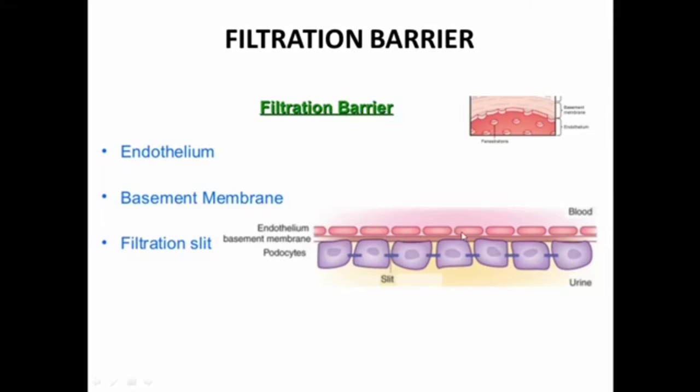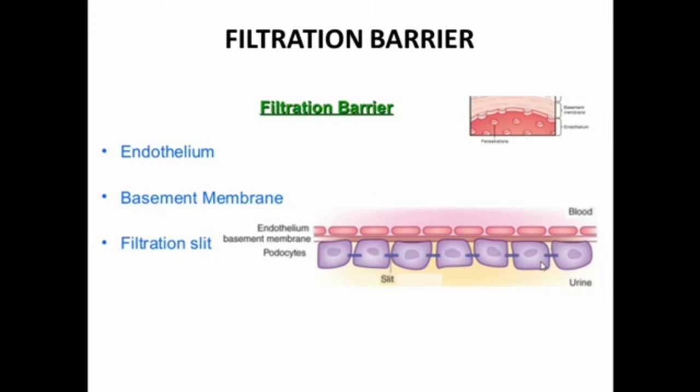I will show you that later on. Then this is the basement membrane, which is the common membrane between the endothelial cells and the secondary processes of the podocytes. In between the podocytes, you can see these slits. These are the filtration slits, and then these slits are covered by a membrane, and this is called the filtration membrane.